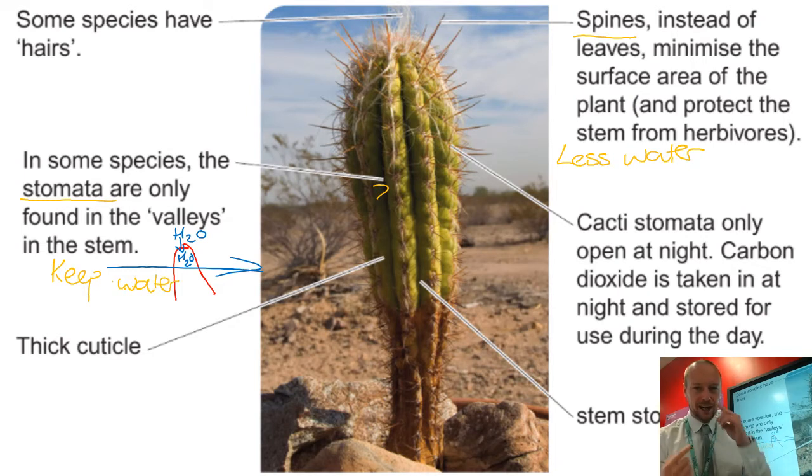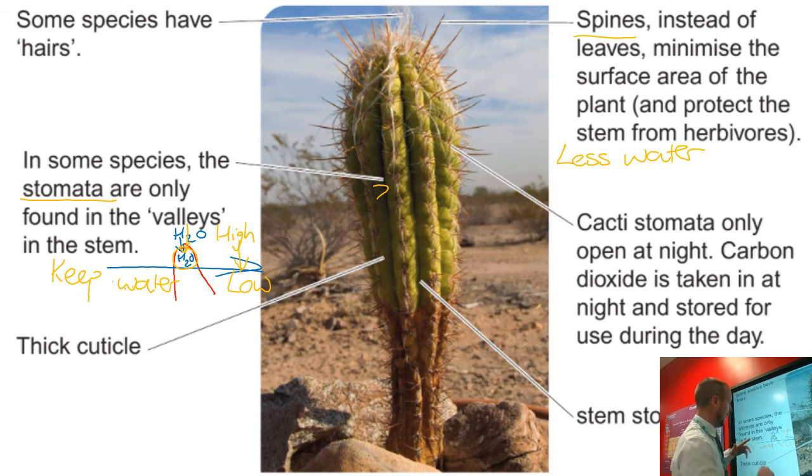If you want an explanation, it's because when water escapes from the cactus, it hangs around for a bit longer in those valleys, so less water is going to leave the plant to take its place. Because if we've got a high concentration of water inside the cactus, and it didn't have those stomata in valleys, there would be a very low concentration of water outside, so diffusion would happen really, really quickly.